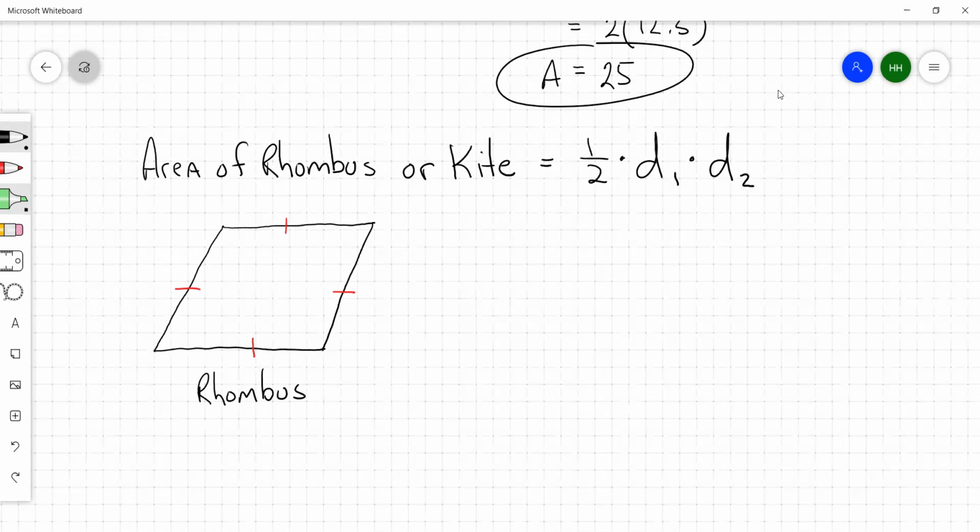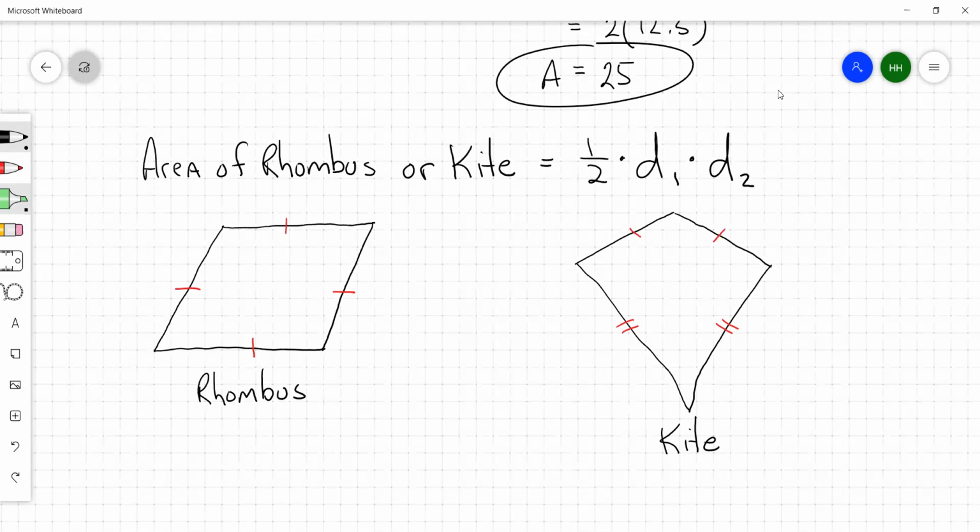Kite. Kite's got two pair of congruent sides. All right, rhombus is just like a square, but it's pushed over, right? Doesn't have 90-degree angles. All the sides are the same. Kite has two pairs of congruent sides.